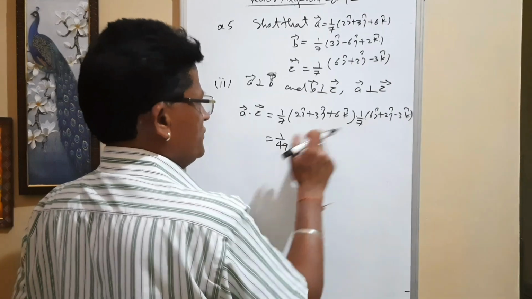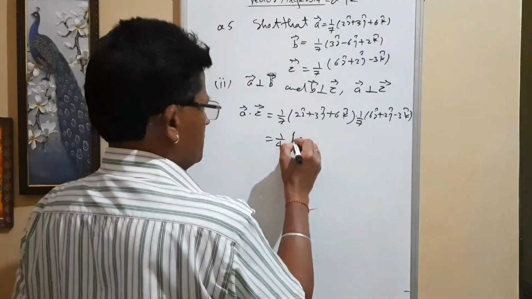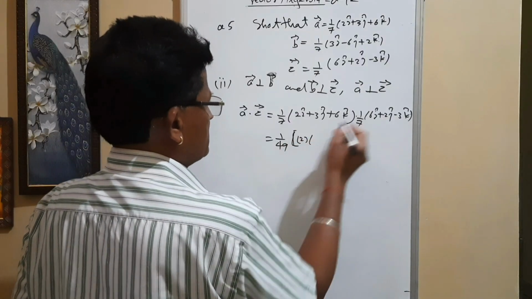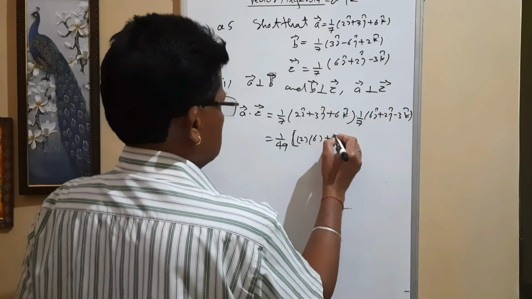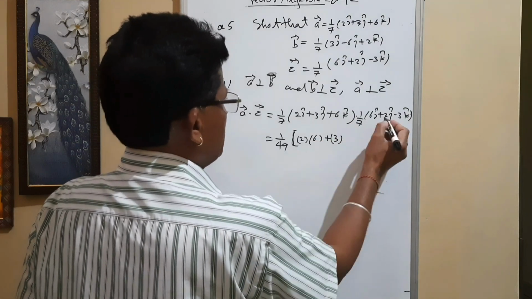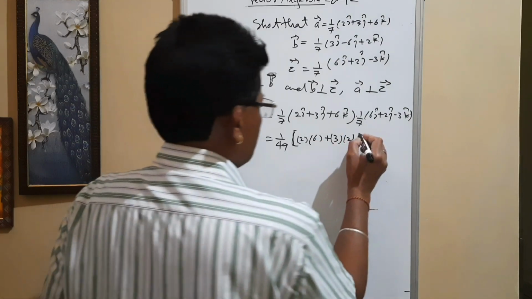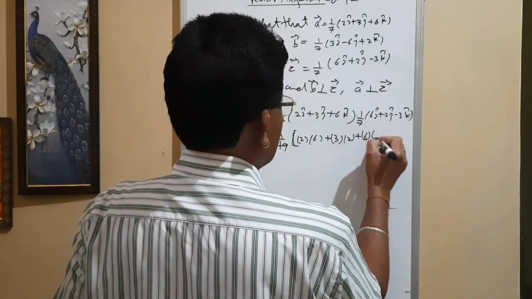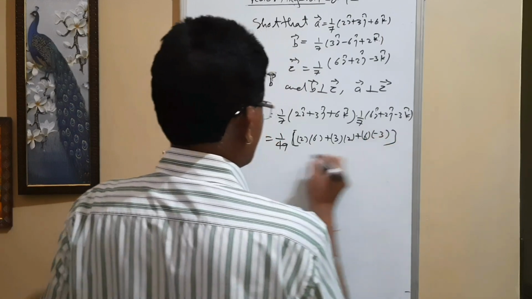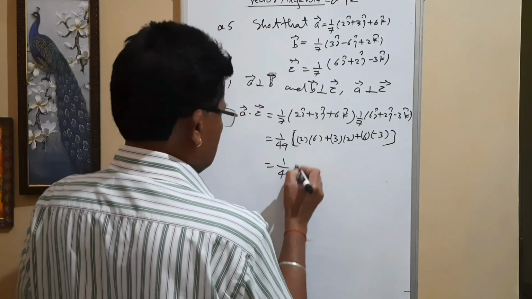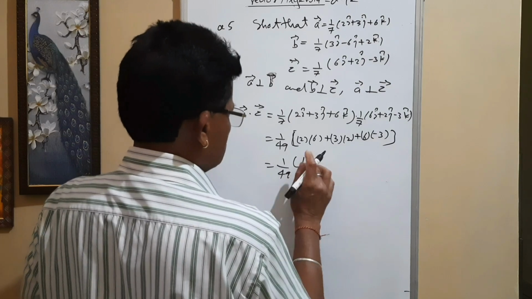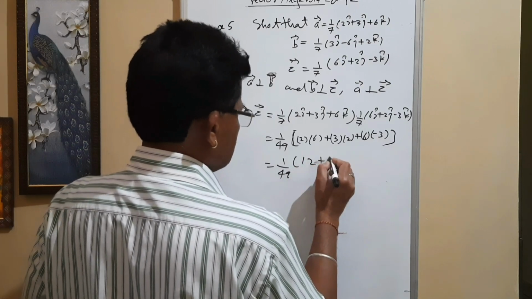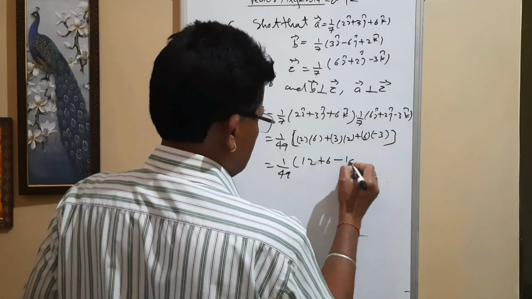You see, a similar kind of thing. Scalar components only you will have to multiply. 2 into 6, and plus 3 into 2, and plus 6 into minus 3. It will be equal to 1 upon 49 times 12 plus 6 minus 18.